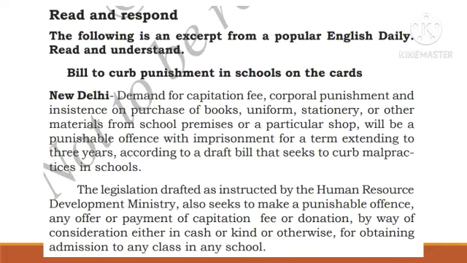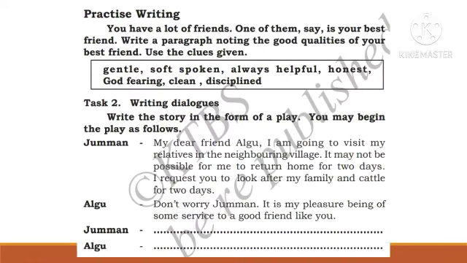Okay, so next what we have is practice writing. As you know, you have a lot of friends, and one of them say is your best friend, isn't it? So what do you need to do? You need to write a paragraph noting the good qualities of your best friend. Use the clues given.